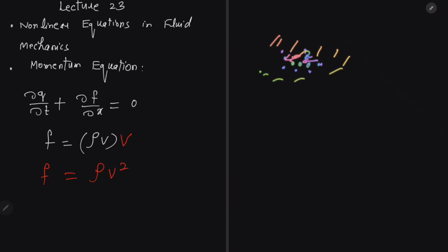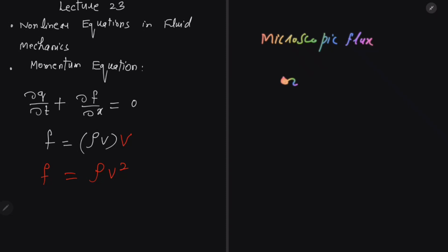When they collide, they generate a pressure, right? So it means that there are two terms: one is the macroscopic flux, and another one is the microscopic flux.